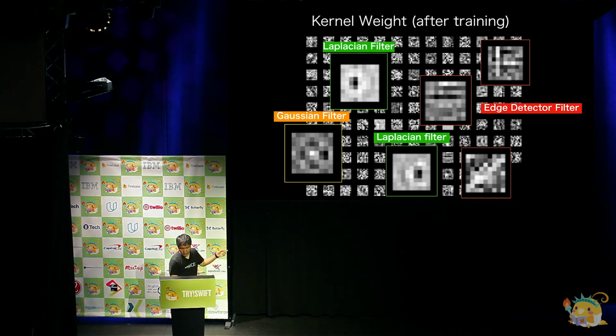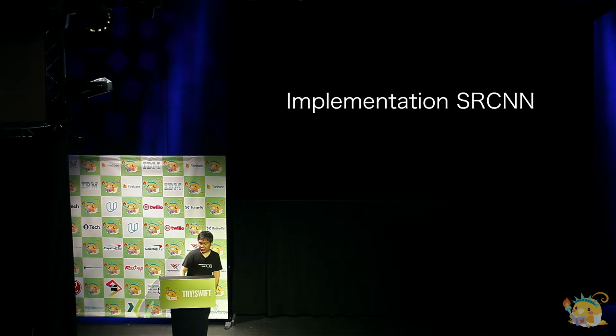And this shape is like a Laplacian filter. And this image is like an edge detector's shape for image processing. So through training, the FSRCNN model is capable of discovering these filters on its own. This is very interesting.